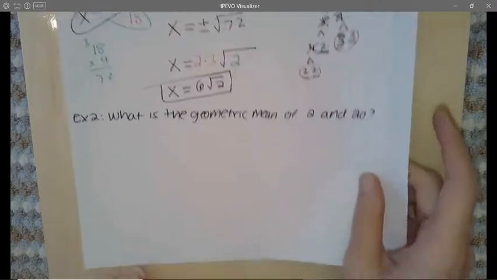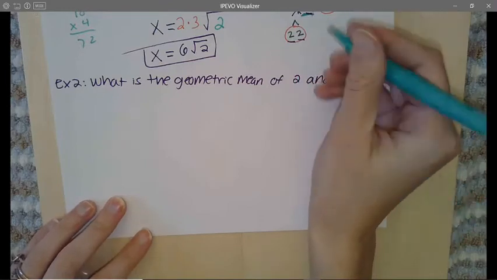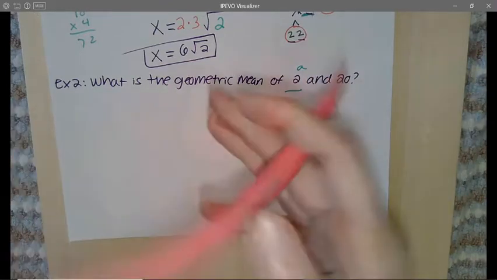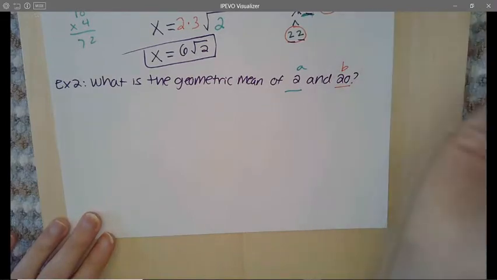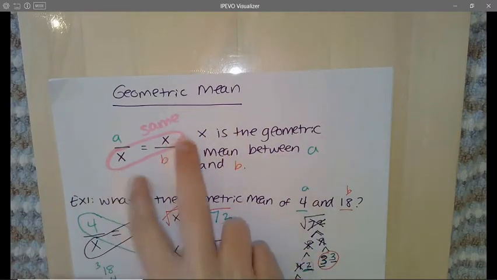So I'm going to find the geometric mean of 2 and 20. So I'm going to make the 2 the A in my formula, and I'm going to make the 20 the B in my formula. Okay, and I just fill everything into this nifty formula. Remember, you leave the x's as x. Don't touch the x.